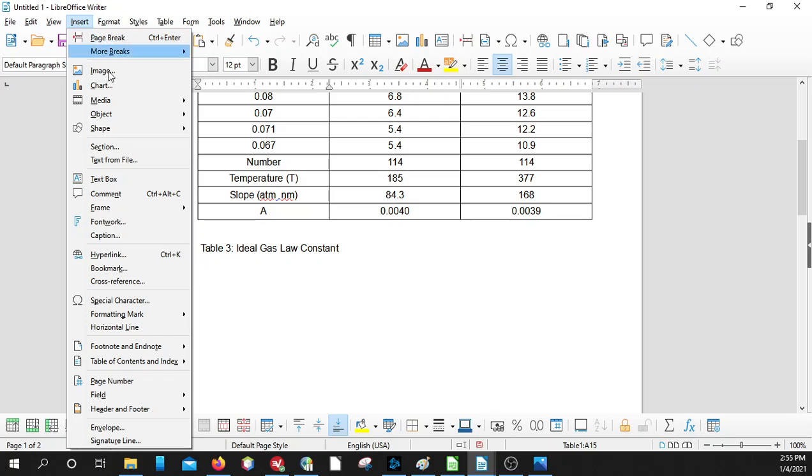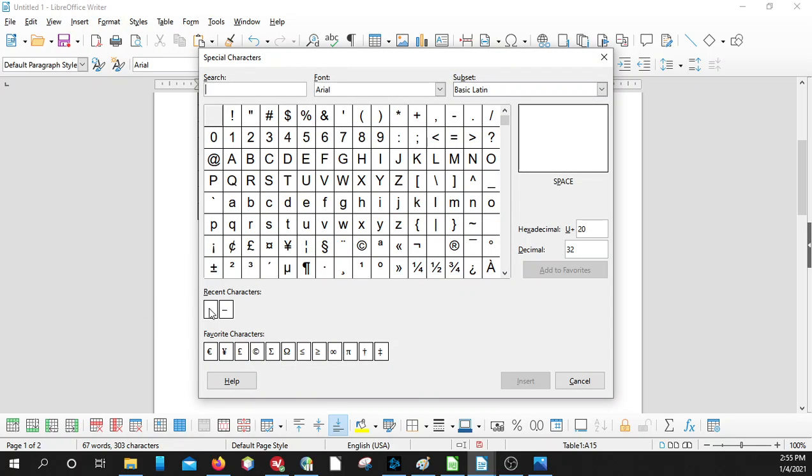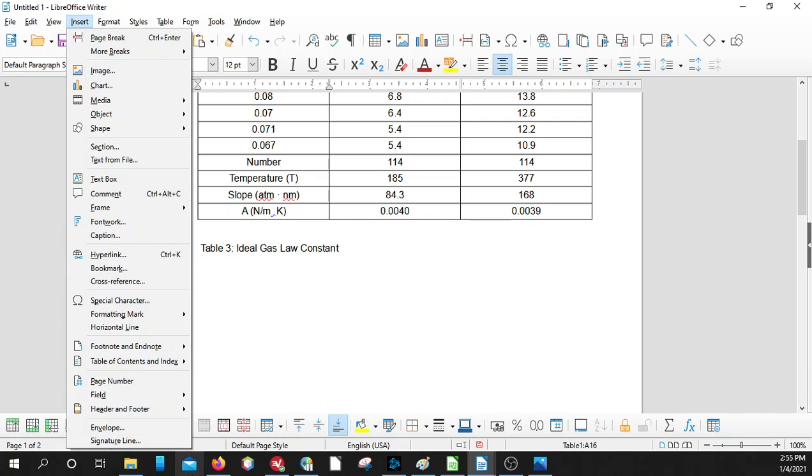And I'm going to put a special character, just a dot in there. That's supposed to be there when you're multiplying units. It was A. The units for A were Newton over meters times Kelvin. And I'll put that dot as well.